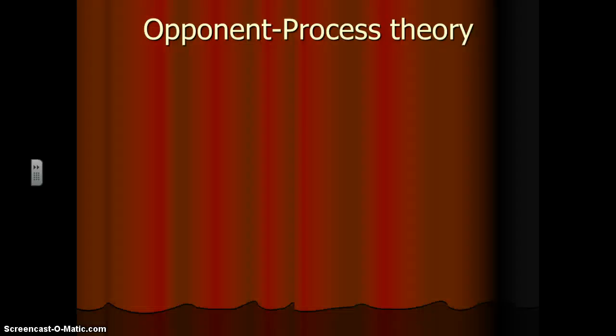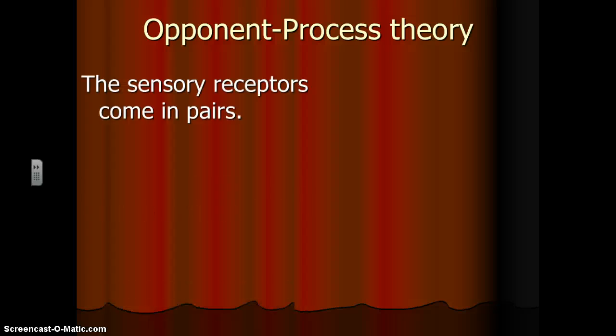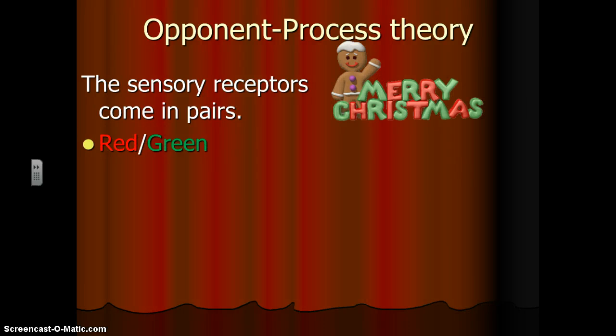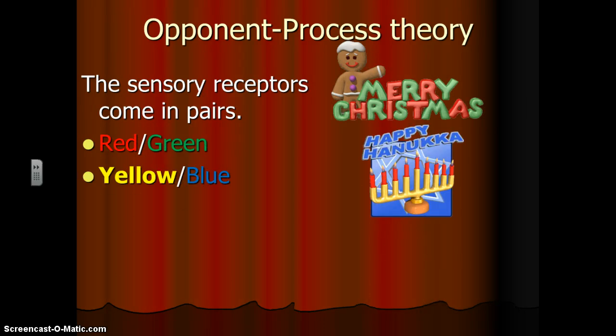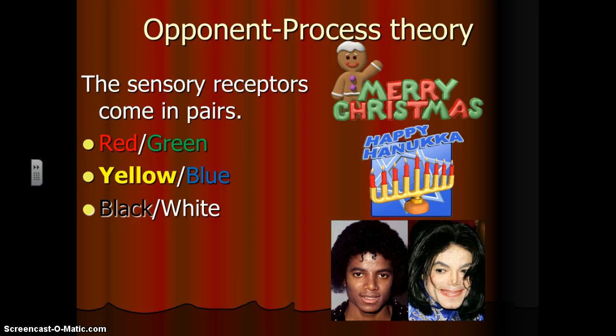The second theory that we'll look at here is the opponent process theory. This theory essentially talks about how there are color sensitive components in the eye, and they're grouped into three pairs: red-green, blue-yellow, and black-white.